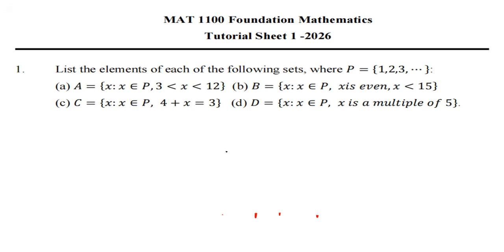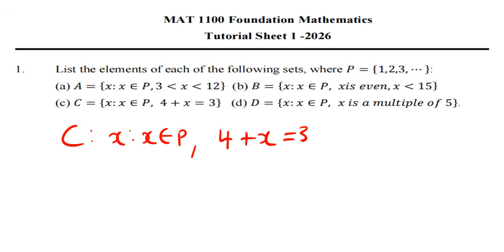We come to C. For C, X is such that X is a member of P and we have the equation 4 plus X equals 3. So what should we do? We first solve this equation and see what it gives us.